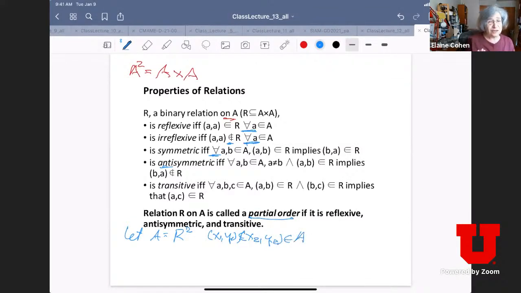Now here, this is a little confusing, okay? Because in this case, there's a point that is our element. So these are not in the relation yet. The relation is going to be in R2 cross R2.